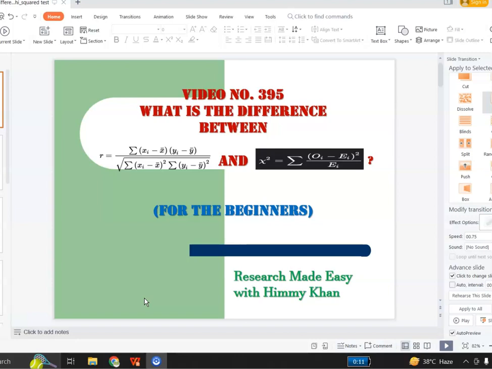Although the coefficient of correlation shows the strength of the relationship between two quantitative variables, and similarly chi-square test statistic measures association between two qualitative variables. So there is a natural question: what might be the difference between the two? So I am going to answer this question.